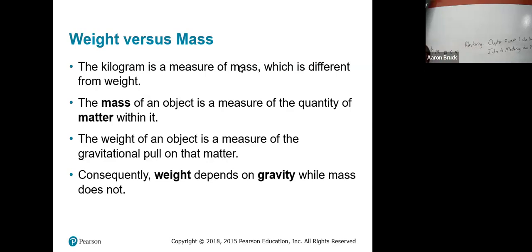So if we get technical, weight is all about gravity. The more gravity that is present, the more an object is going to weigh. Mass is independent of gravity. This object is going to have the same mass regardless of where we weigh it.